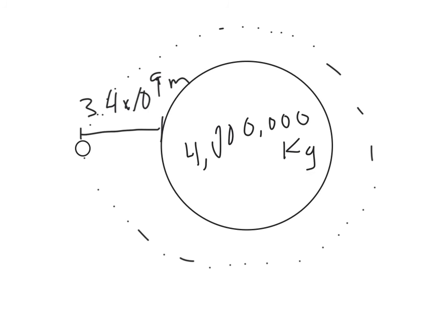At each different radius, a different velocity has to be true for an object to stay in gravitational orbit. So for this particular distance, I want to know how fast exactly my moon has to be traveling, what its velocity is going to be.